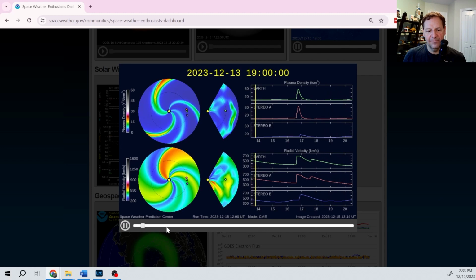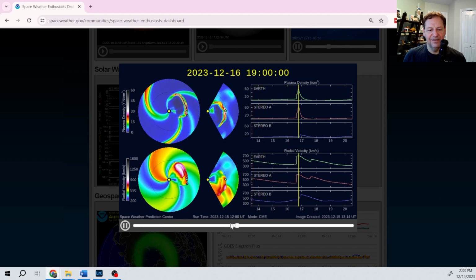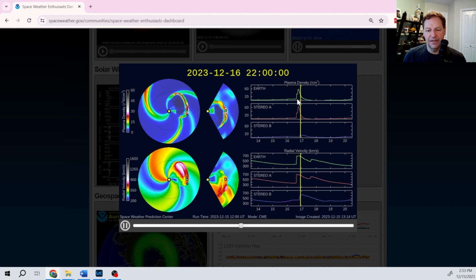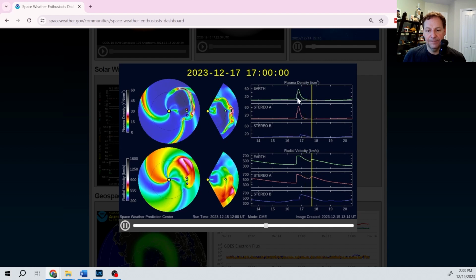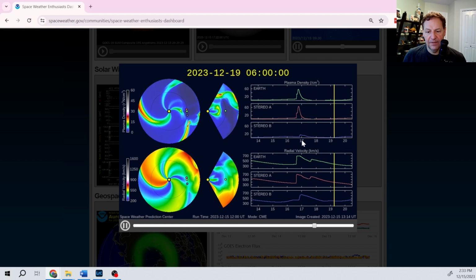You can see, woof, all that material that got blasted out. So it looks like something's going to hit Earth based on this model. You can see this spike here in terms of density. That's a lot of material.